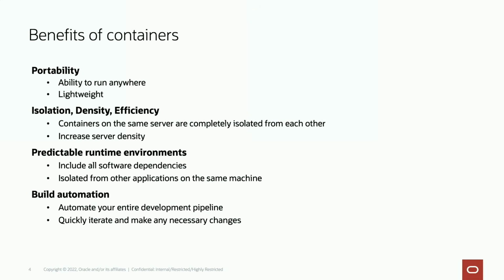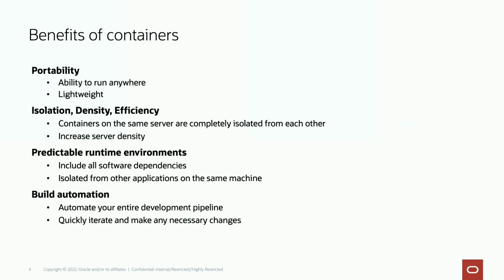In contrast to virtual machines, it doesn't come with the full operating system. The containers are packaged with an application and the libraries to support the application. So we have a more efficient use of the server resources, and it offers a predictable runtime.